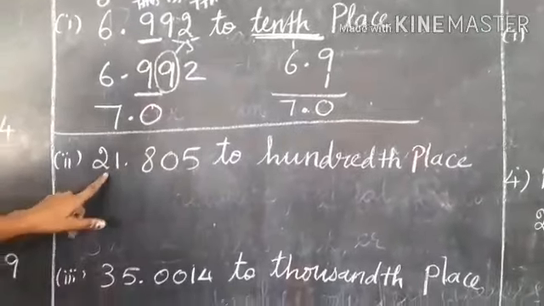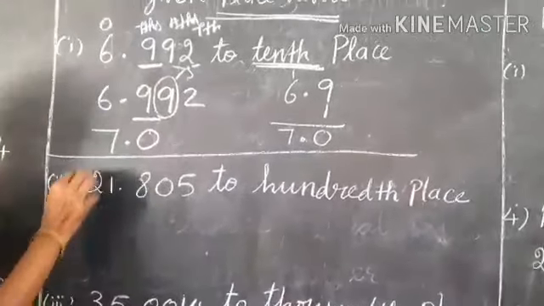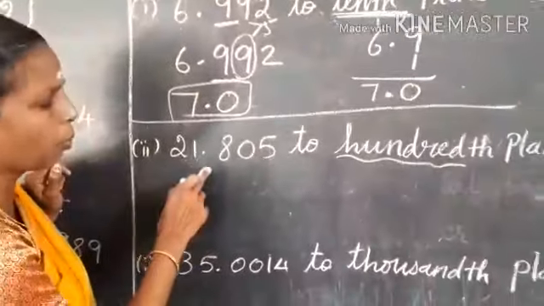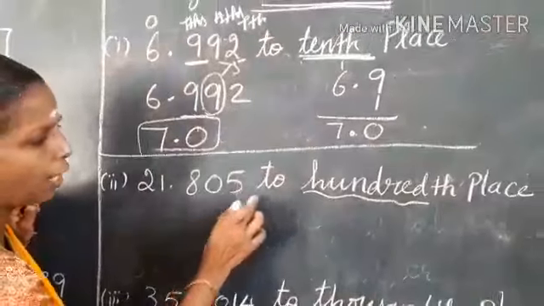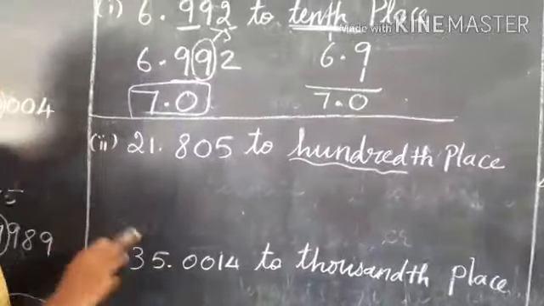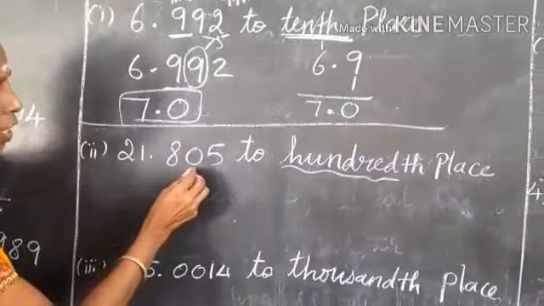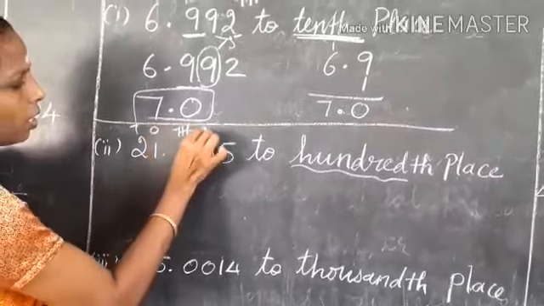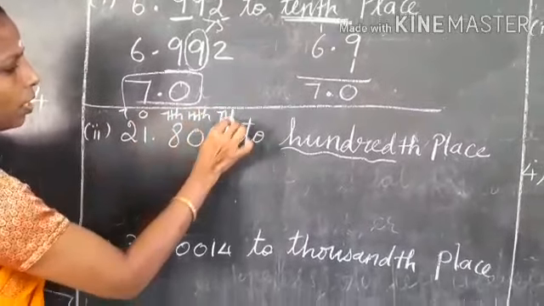Next, 21.805 to 100th place. Here we have to round at the 100th place. Which digit is in the 100th place? This is ones, tens, hundreds, thousands.